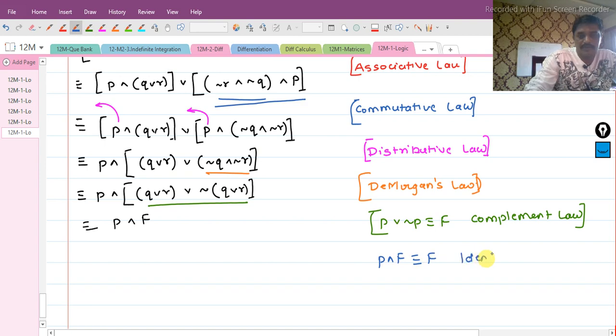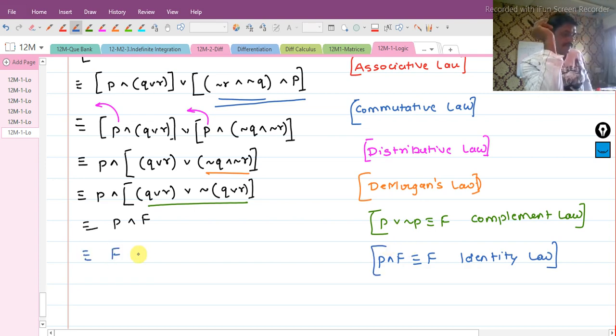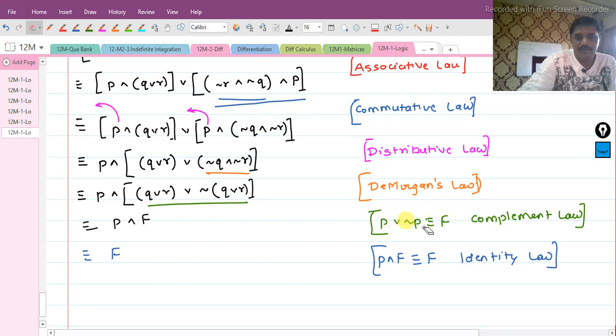This is actually identity law. So that is equal to false. Any doubts about that? P और एक सेकंड गड़बड़ किया मैंने. क्या होना चाहिए? P or negation P is actually true, huh? Not false.